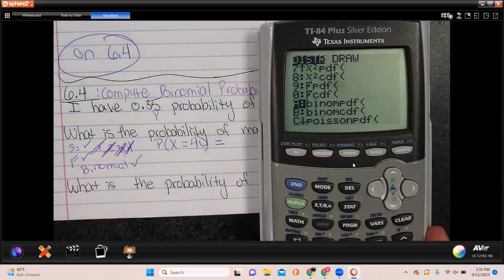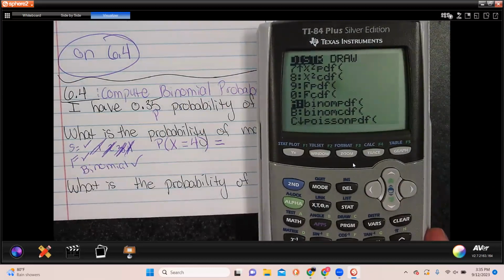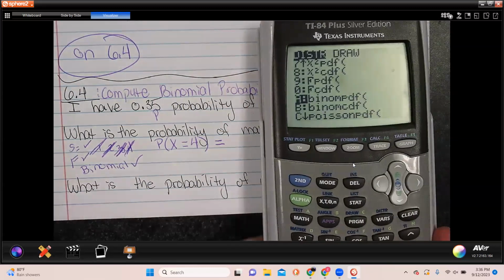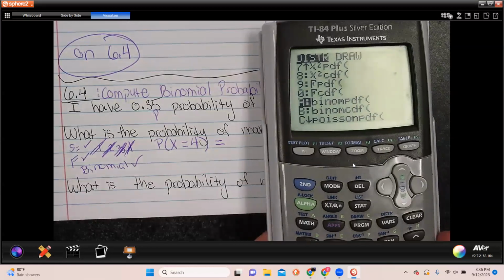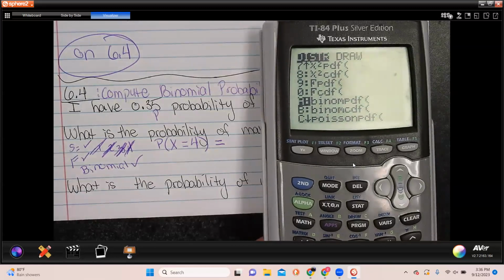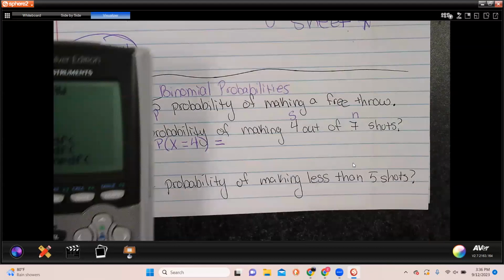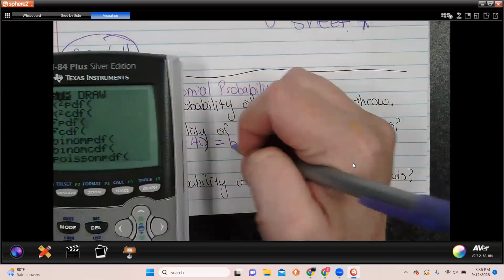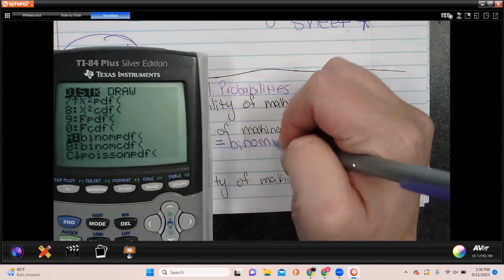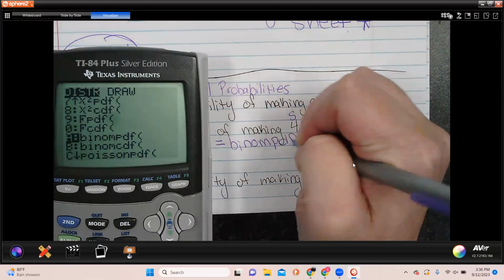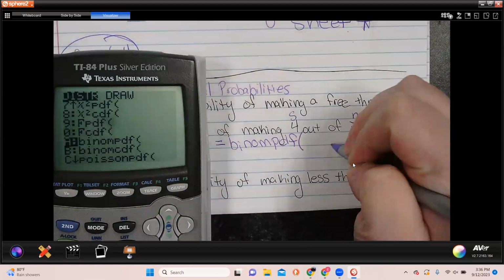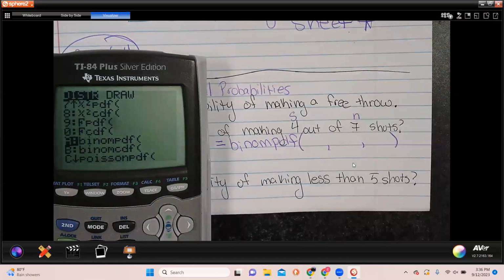Binomial PDF is for a specific probability, but binomial CDF is for a cumulative one. This is not cumulative. This is a single situation. So I'm going to use the binom PDF.